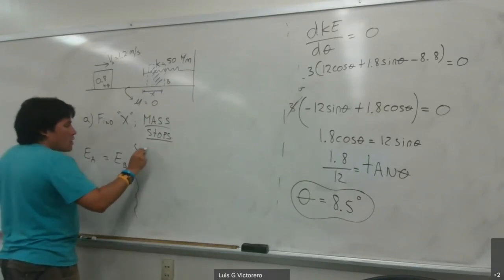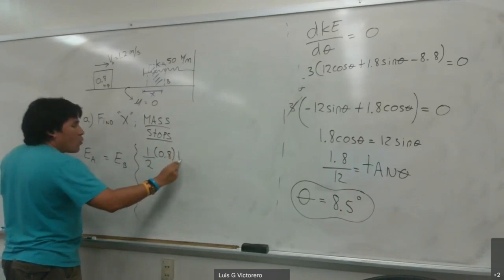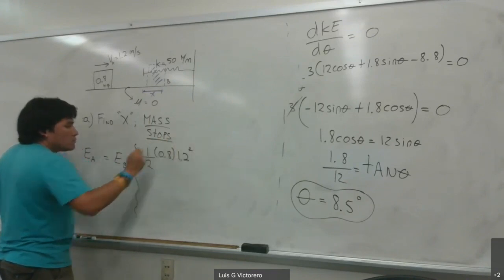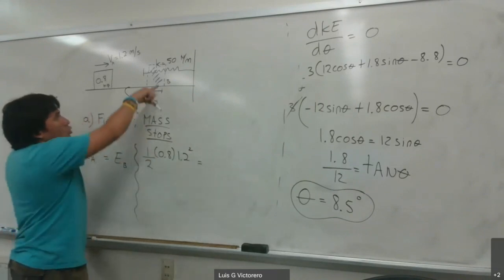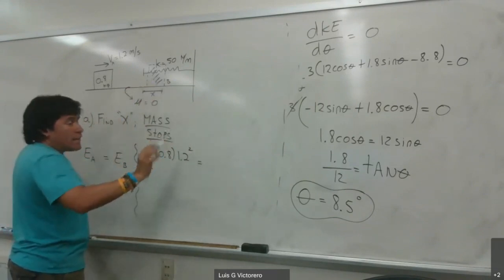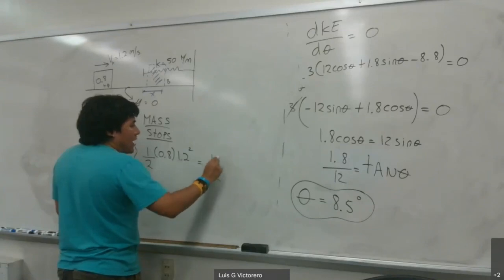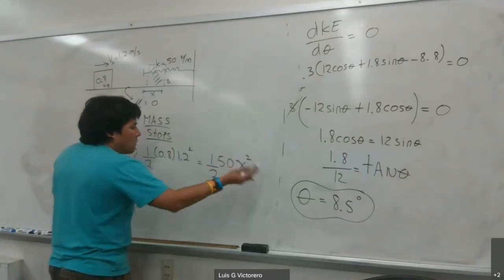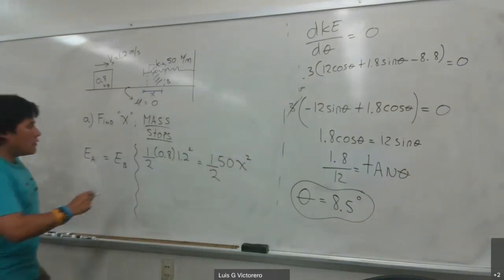Energy on A is just 1/2 of the mass times 1.2 squared. That's equal to, when the block stops, there is no more kinetic, but there is what? Potential elastic, 1/2 k x squared. Very easy, right? You're just making one equal to the other.